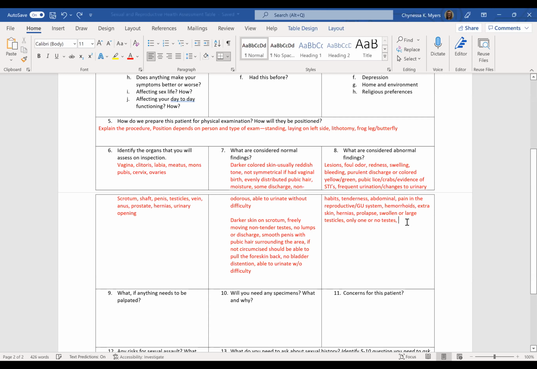What about a hermaphrodite? Ooh, what about it? Would that be a normal finding or would that be abnormal? That would be an abnormal finding, especially when we're talking about someone who's born with both the male and female sex organs.